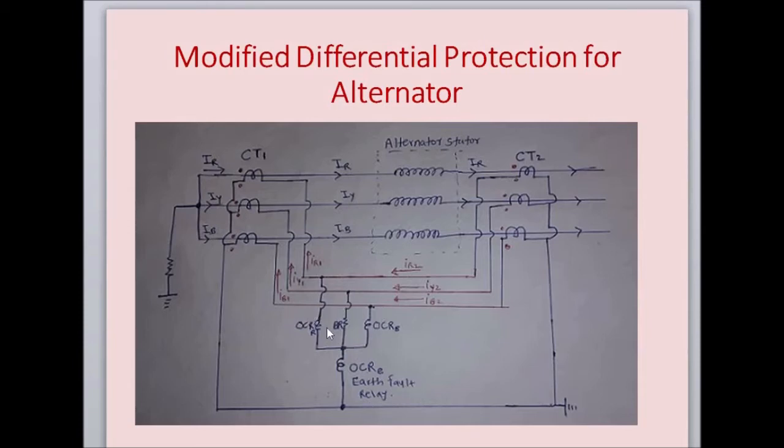Here two overcurrent relays, relay R and relay B, are used for phase-to-phase fault protection, and a balancing resistor is placed on the remaining pilot wire at an equipotential point. Then a third relay, the earth fault relay, is connected between the star point and the earth point.